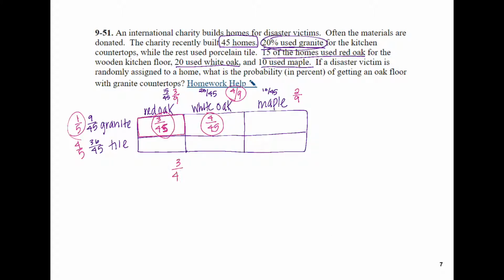So we have 3 out of 45 plus 4 out of 45, which would give us 7/45, which is approximately a 15.6% chance of getting granite countertops with oak floors.